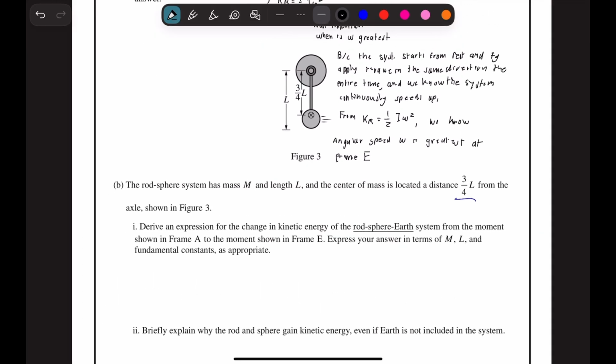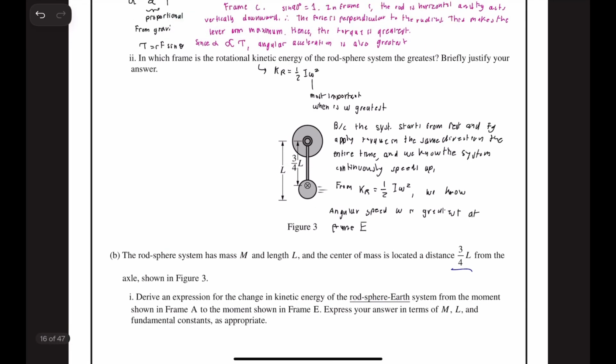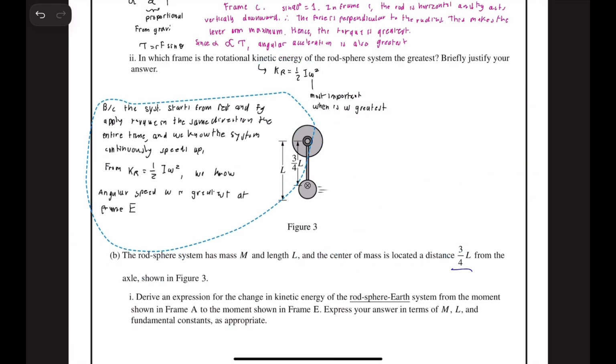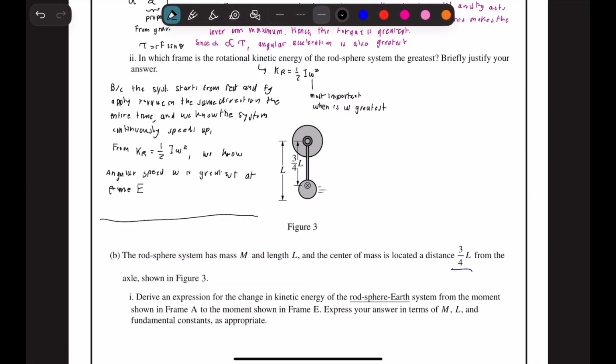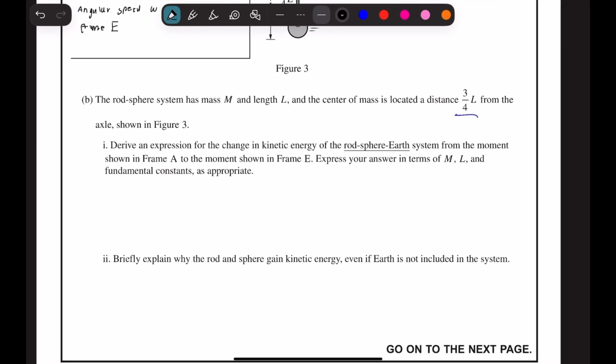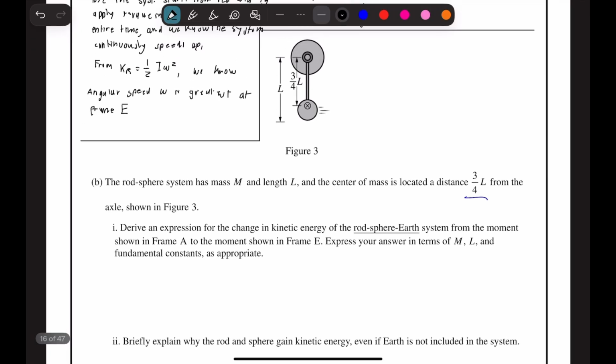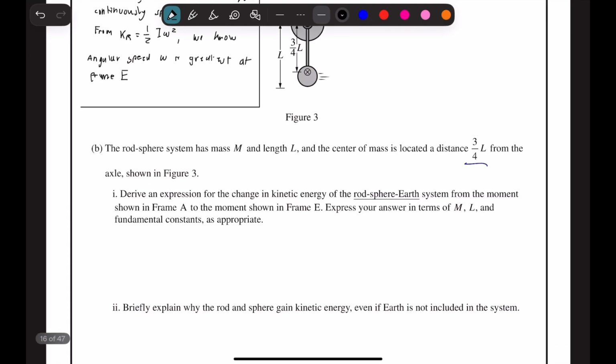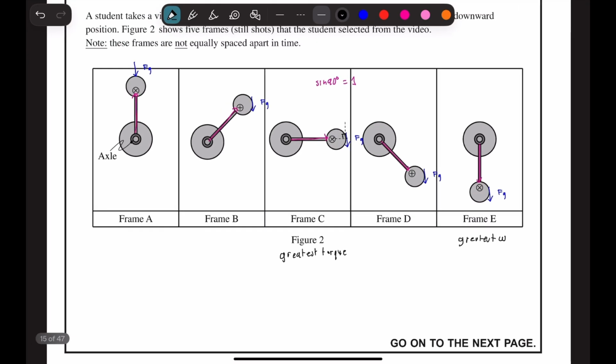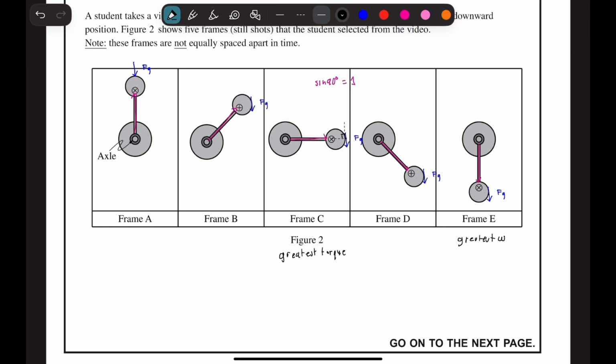So for this question: derive an expression for the change in kinetic energy of the rod sphere system from the moment shown in frame A to the moment shown in frame E. Express your answers in terms of m, L, and the fundamental constants. So we want to find this.